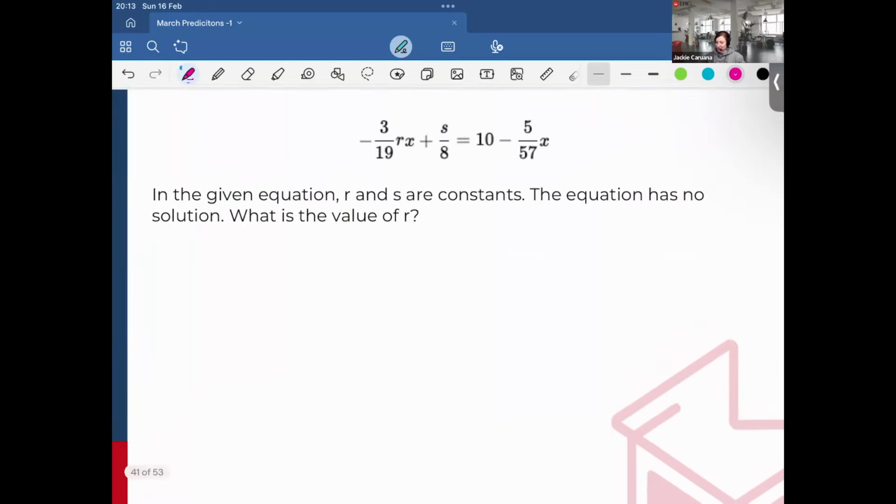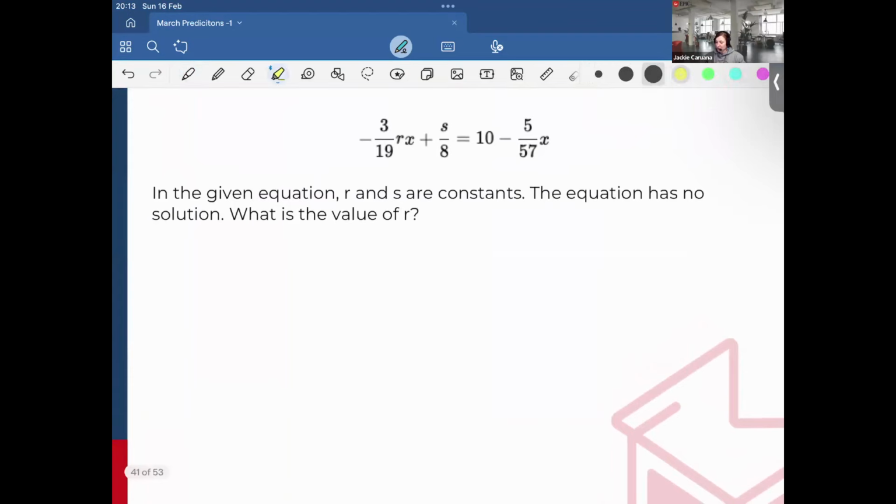Amazing. Okay, here in the given equation, r and s are constants. The equation has no solution. What is the value of r? So again, I know that they're parallel lines, which means they have the same slope. And really, looking at this equation, I'm asked for the value of r.